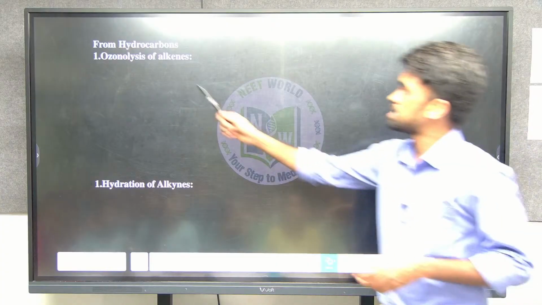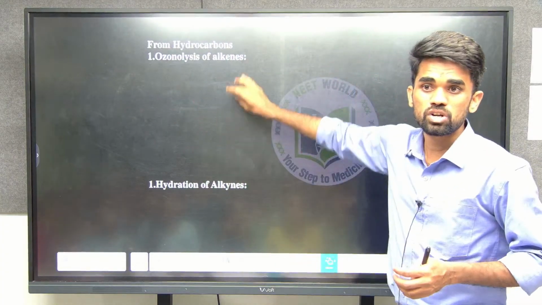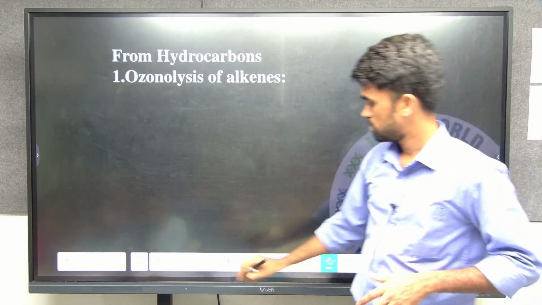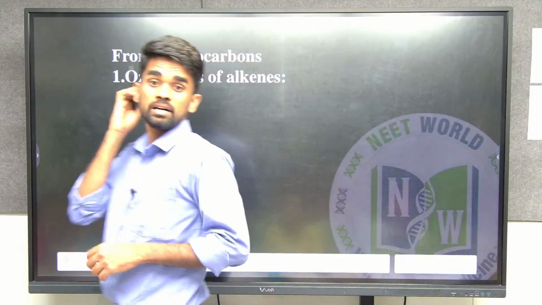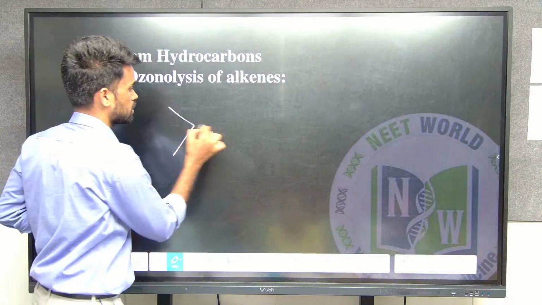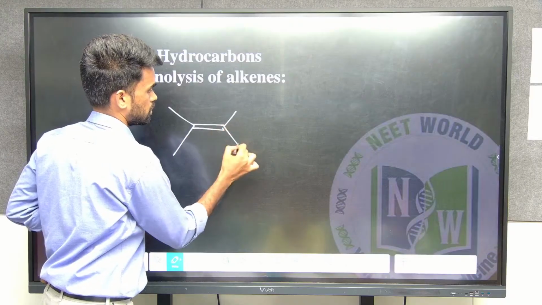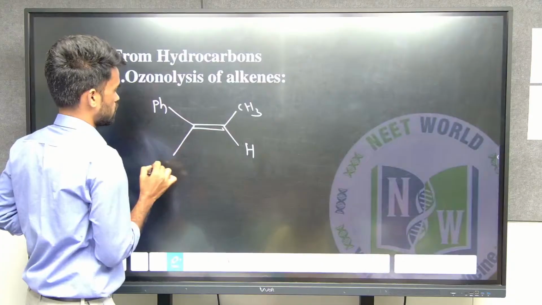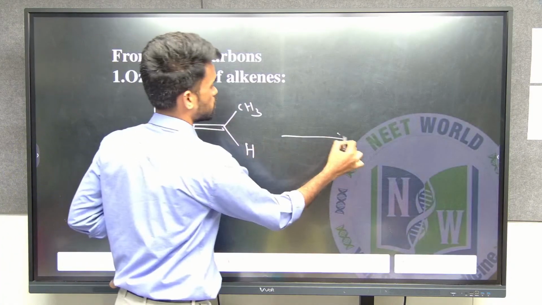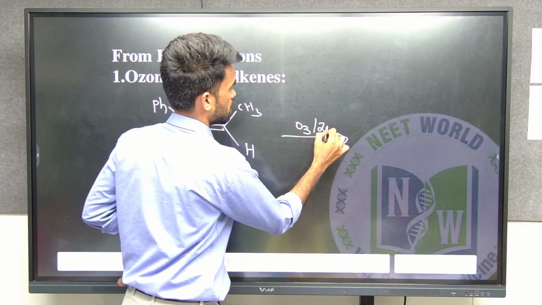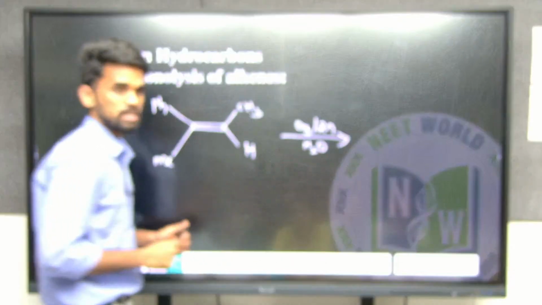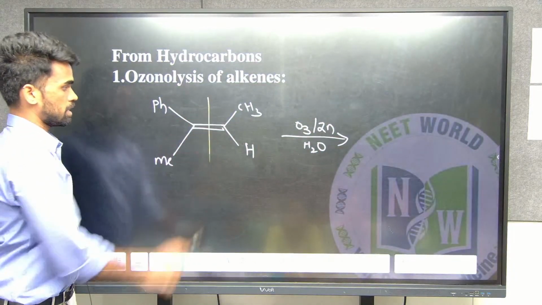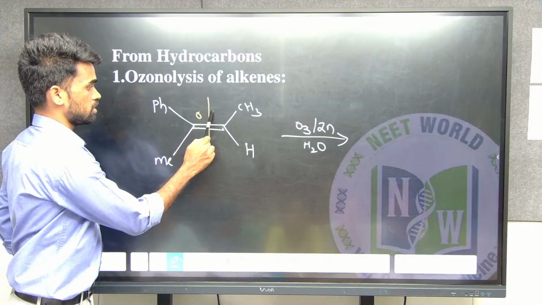Okay. Ozonolysis of alkenes. What does it provide? Ozonolysis of alkenes. What did we do? We take alkenes like these, let us say hydrogen, CH3 and some Ph, Me. What happens? What is the product? O3, Zn, H2O. Tell me the final product. Break like this, insert oxygen on both sides.